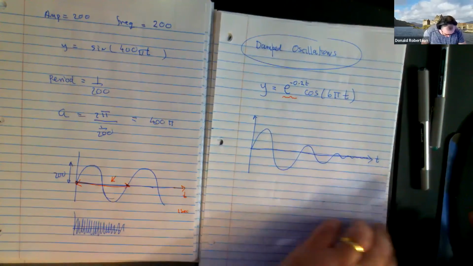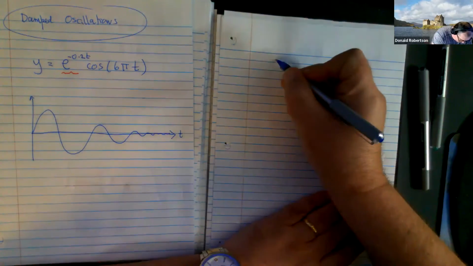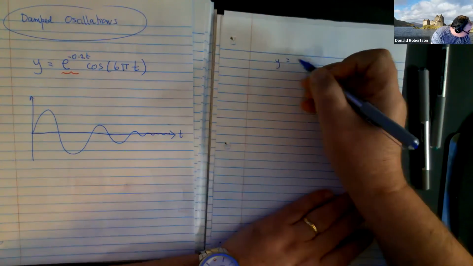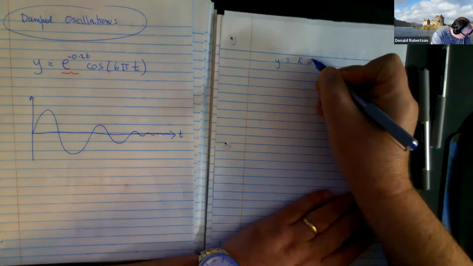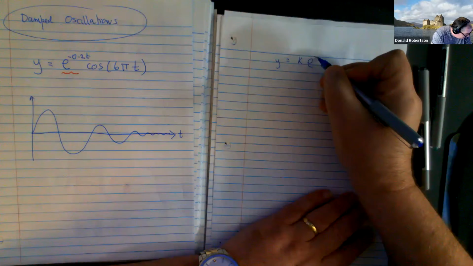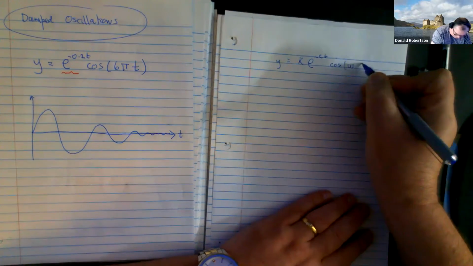So let me start one of those questions on my own. And that's pretty much going to be that part for today. So let's suppose I give you a damped oscillation, and it's K e to the negative ct cosine of omega t, right?